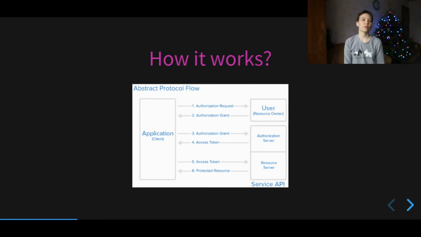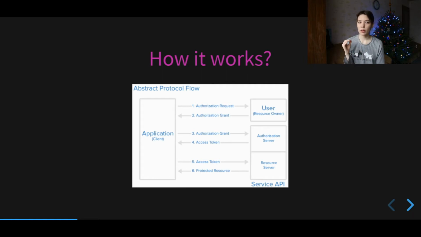Now that you have an idea of what the OAuth roles are, let's look at a diagram of how they generally interact with each other. First, the application requests authorization to access service resources from the user. Second, if the user authorizes the request, the application receives an authorization grant.